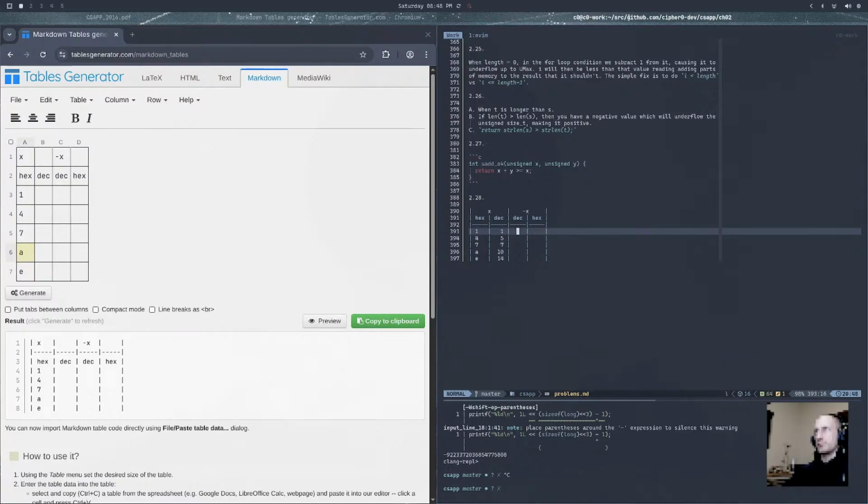Okay, the negative x, which is the inverse, you take 2 to the w, which would be 16 in our case, and you subtract away x. So it'd be 16 minus 1, which would be 15, which would be F. So F, actually let's go back over here, can fix these as well.